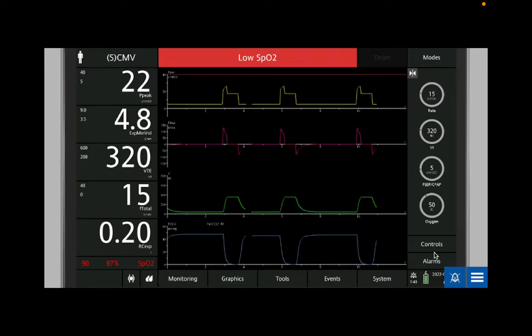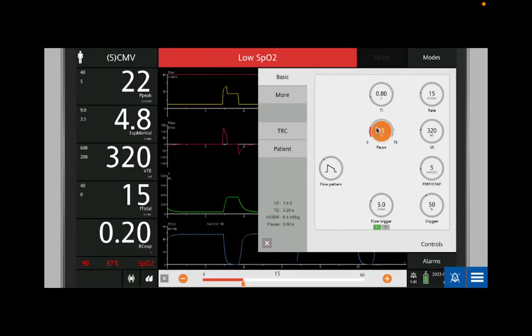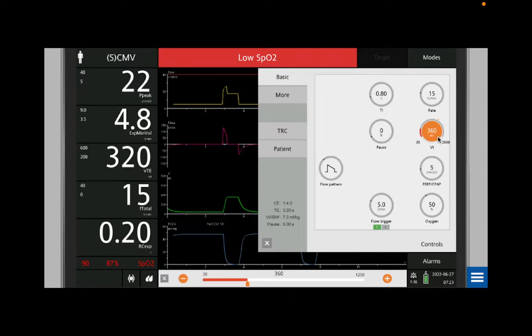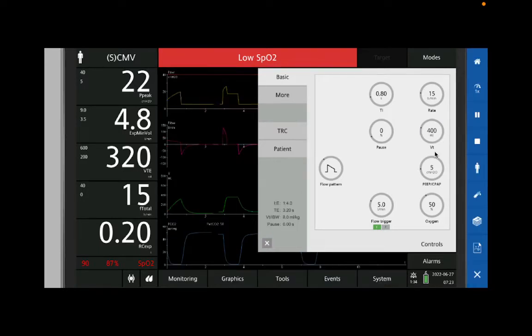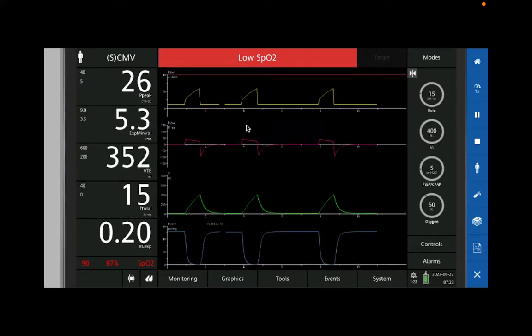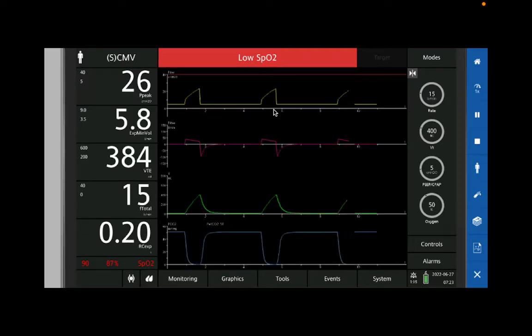So normally when we don't have a pause, you just see the peak. You guys see that? And so right now, what is our peak pressure? 26. All right. And so our goal for our ARDS was to keep our plateau pressure less than 30, right?